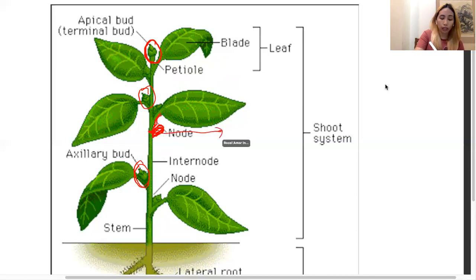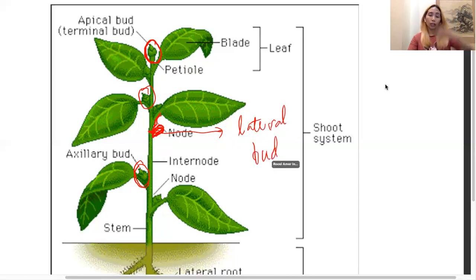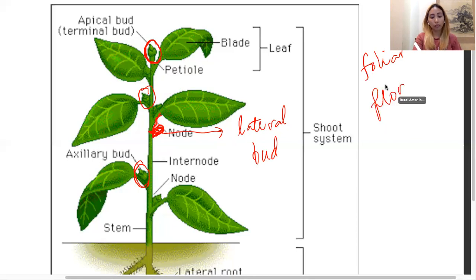So this will be the area where you will find a lateral bud. So the difference among these buds would be just the location where you can find them. And of course, you call a bud a foliar bud. This is just another term that you will notice. Foliar means it's leaf. So a foliar bud will give rise to a leaf, and then you have a floral bud.